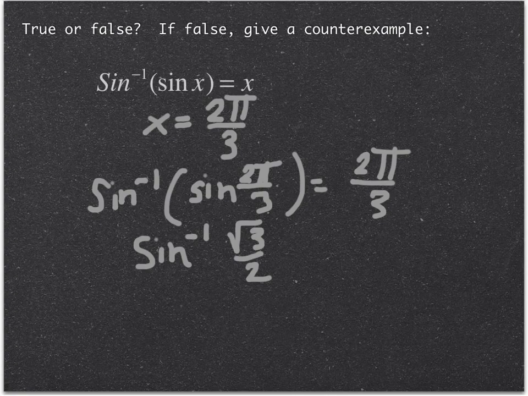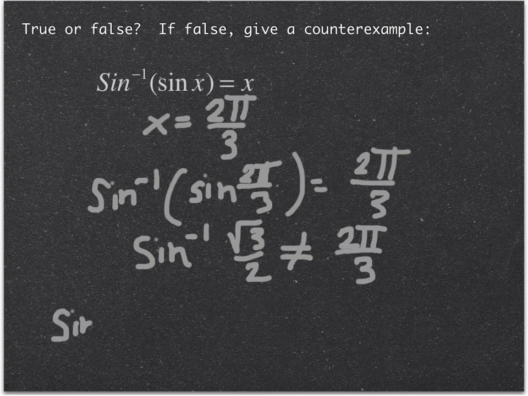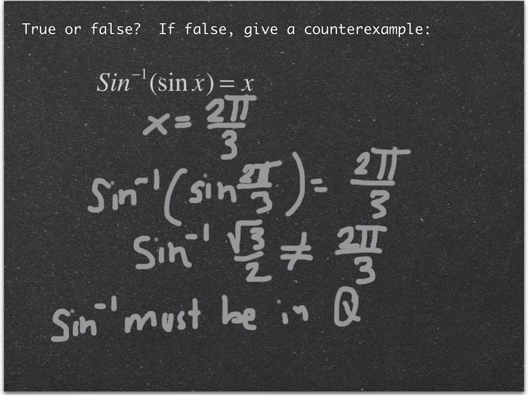Well, perhaps, but if we remember my restrictions for the inverse sine, it must be in a certain number of quadrants. For sine, it was quadrant 1 or quadrant 4. None of these problems are terribly difficult, but it's tricky to remember what quadrant they have to be in.